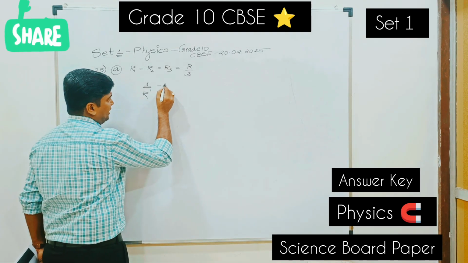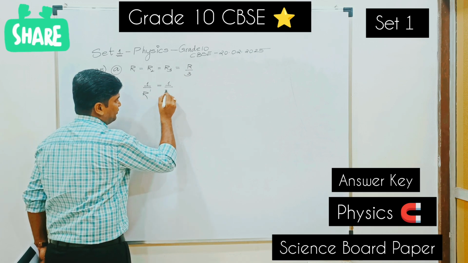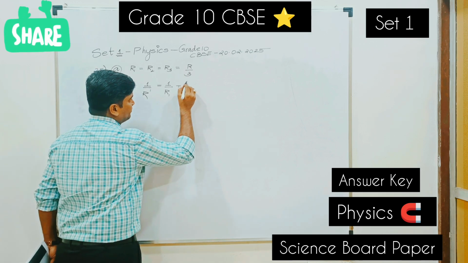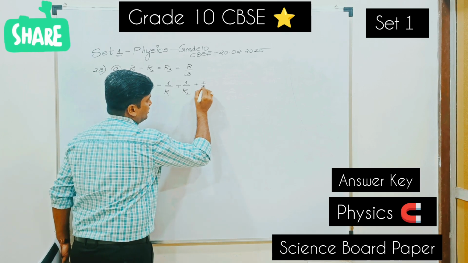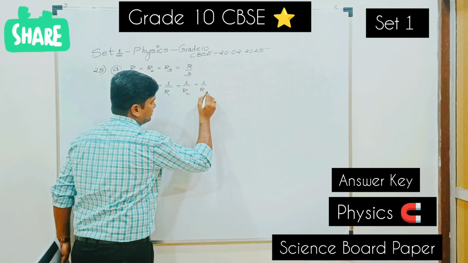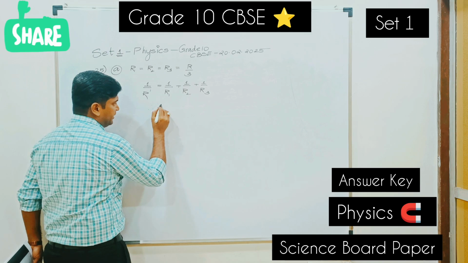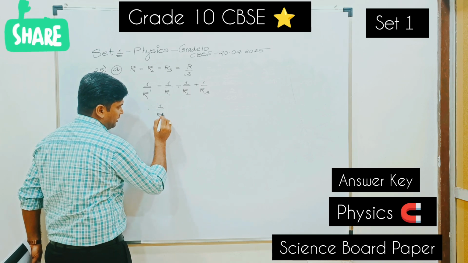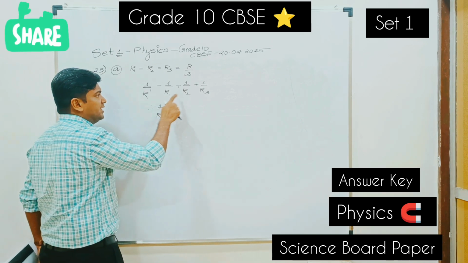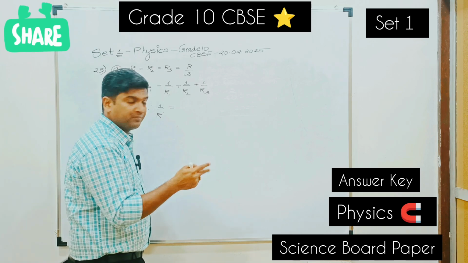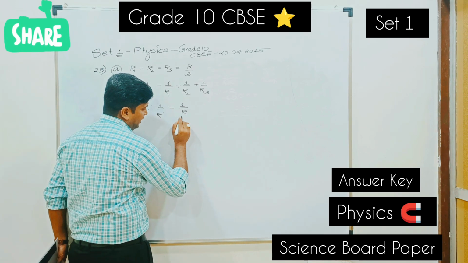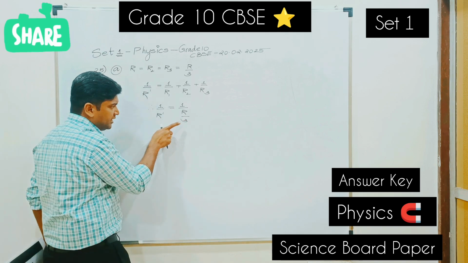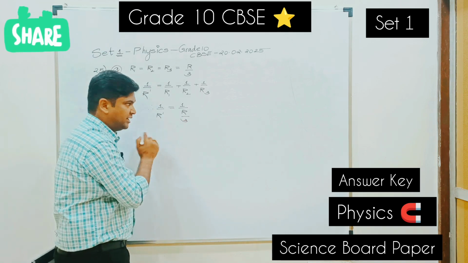So 1 upon R dash, I'll say 1 upon R1 plus 1 upon R2 plus 1 upon R3. Fine. So now 1 upon R dash, बच्चा तीनों भी रेजिस्टर R by 3 है, तो इधर क्या हो जाएगा? 1 by R by 3. Definitely ये 3 कहा जाएगा न्यूमरेटर प्लेस.